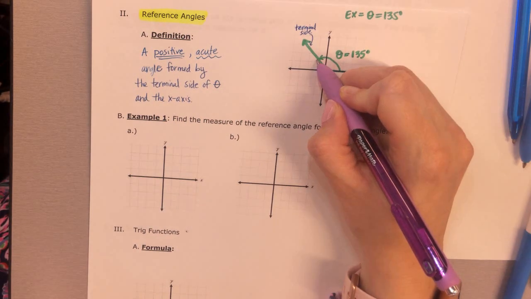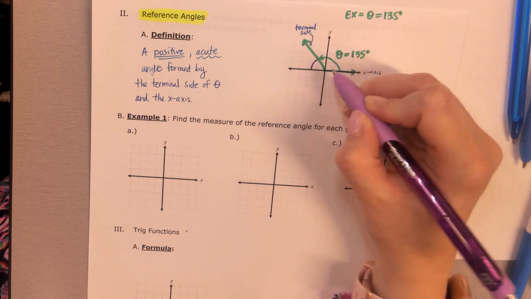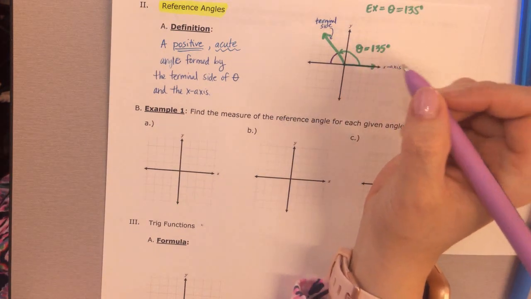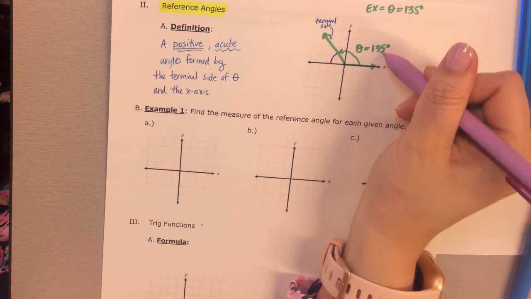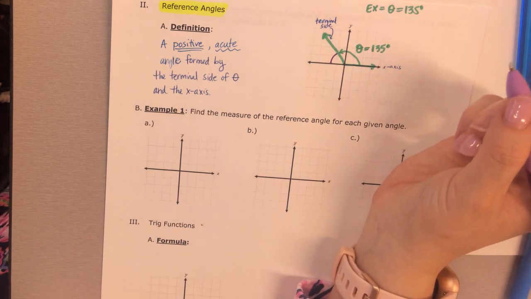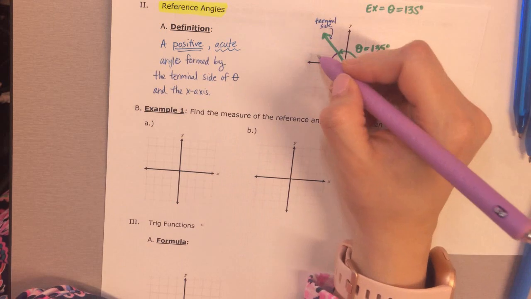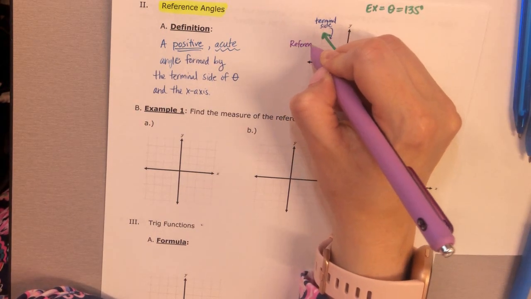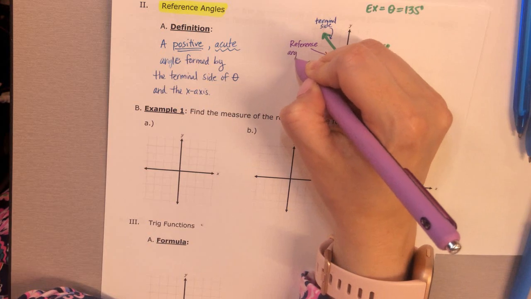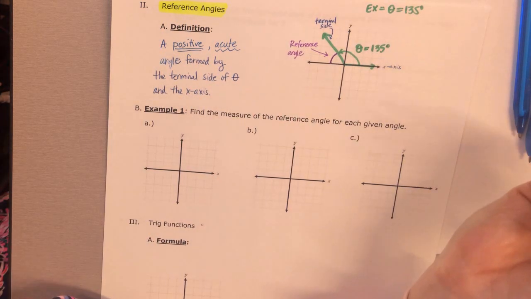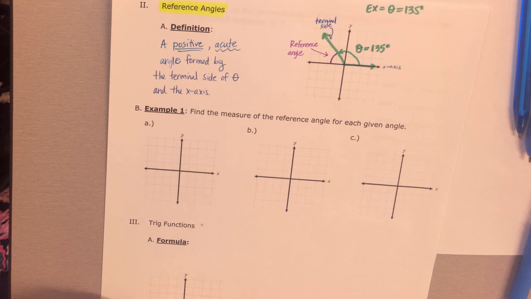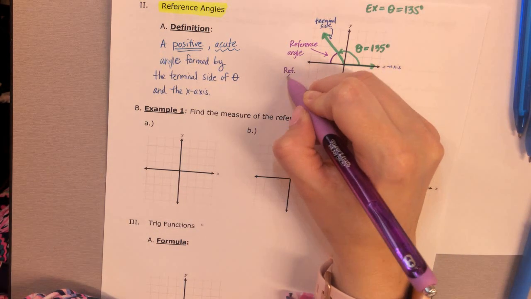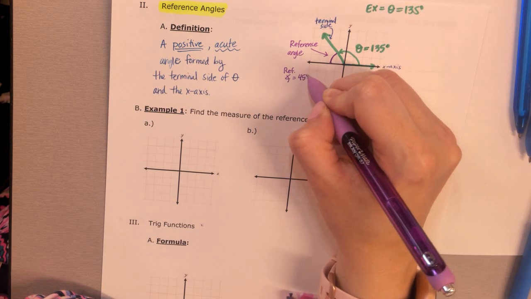From the terminal side to the left side, what is the measure of this angle here? 45, because 45 plus 135 would make what? 180. So this is your reference angle, and for this particular example, your reference angle would equal 45 degrees.